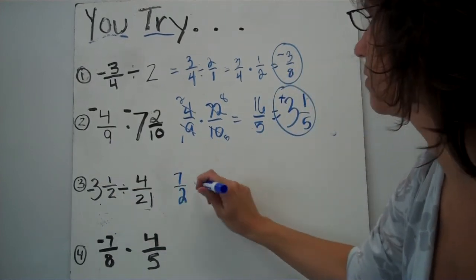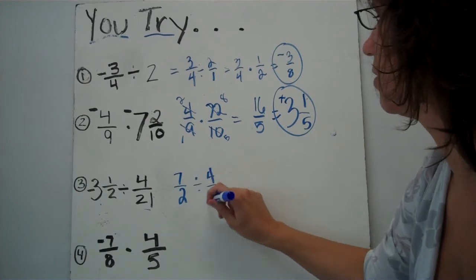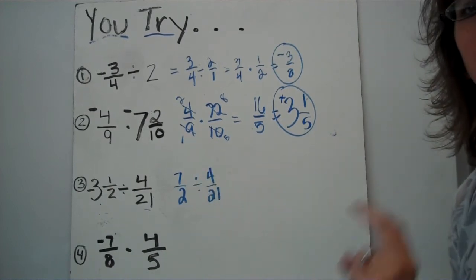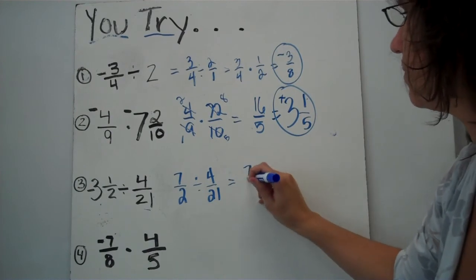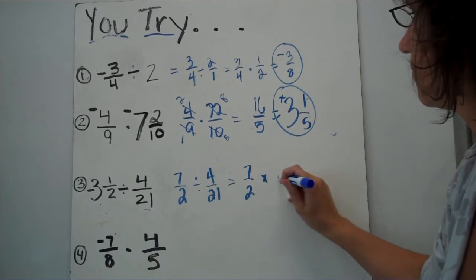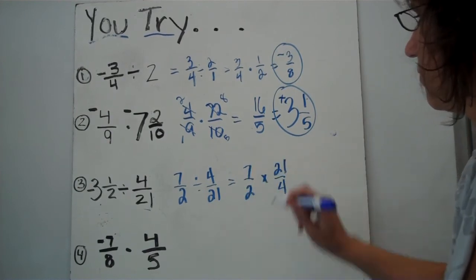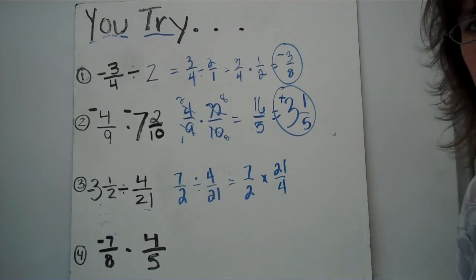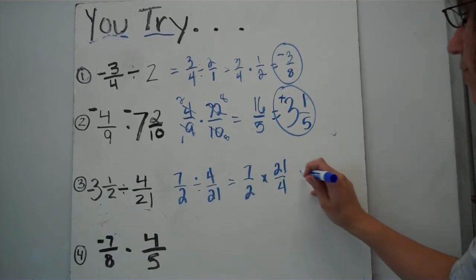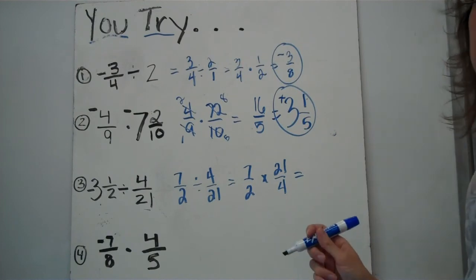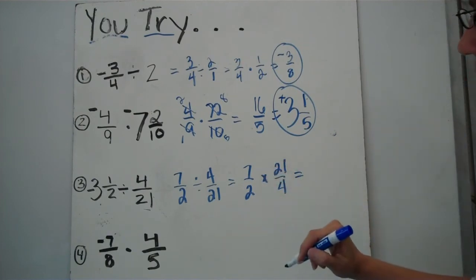All right, the next one, improper. That's step 1. Step 2, now we do our keep, change, flip. Now I multiply straight across, unless I want to do some cross simplifying, which in this case I can't do.